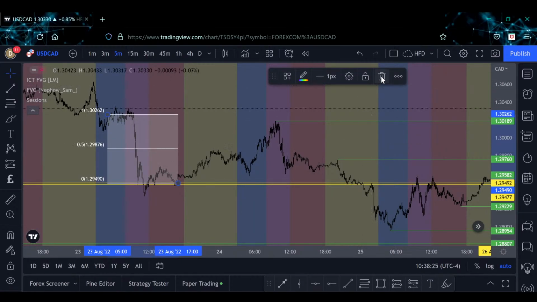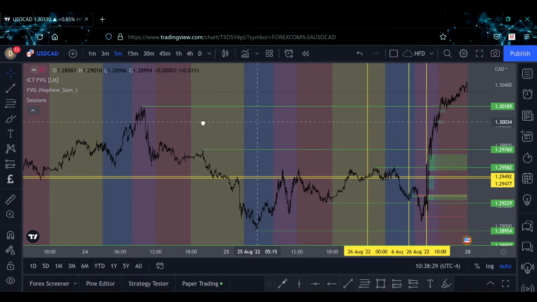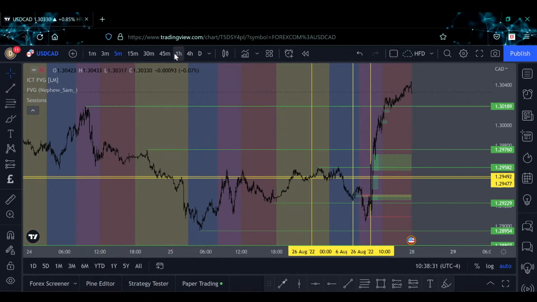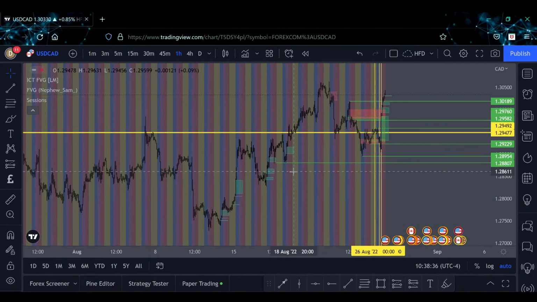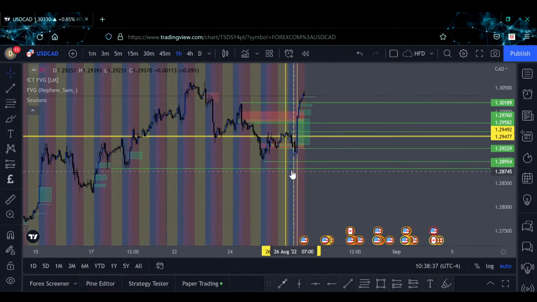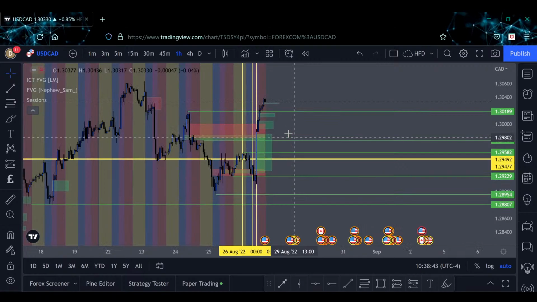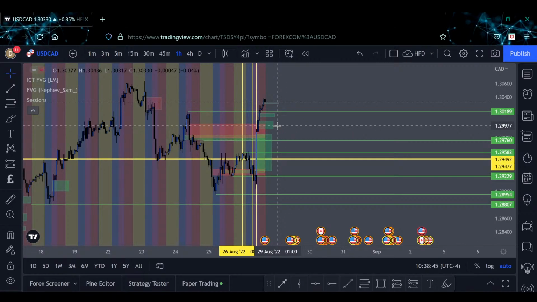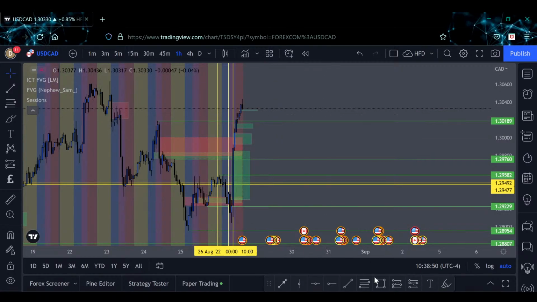Remove this. So we got on here. Had a late night. The 1 hour time frame. There's a gap here.